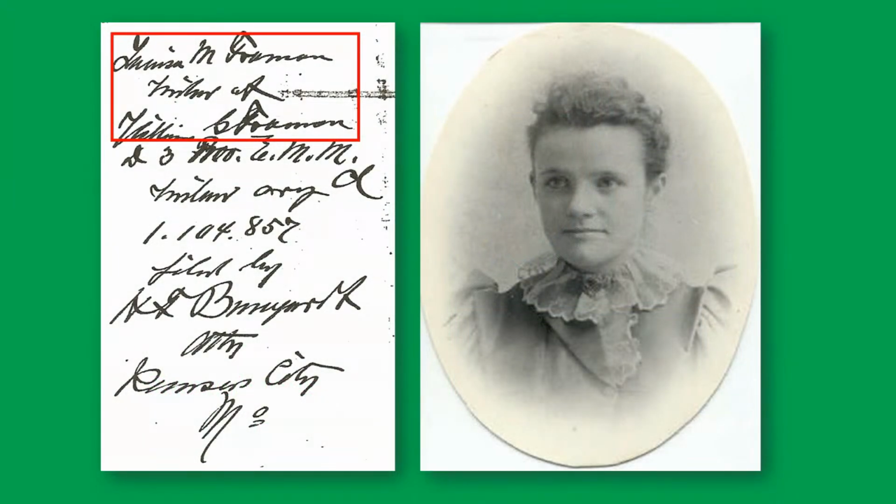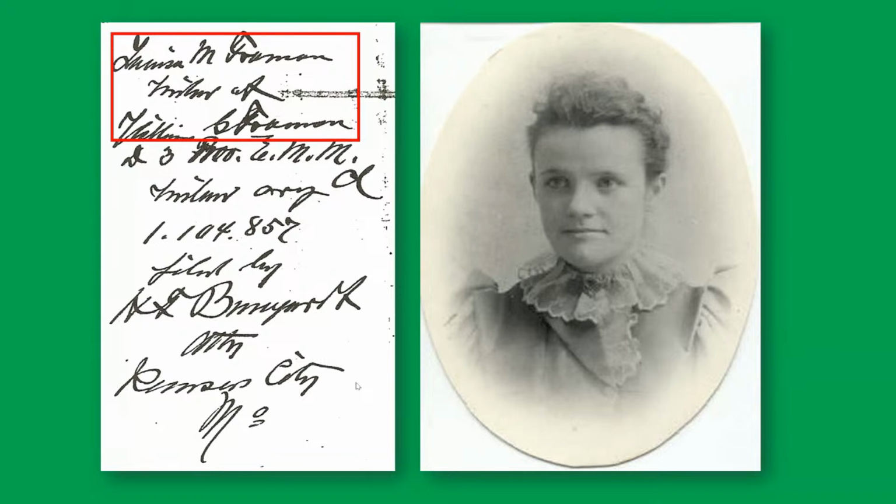Here we have one of my great-grandmothers, and I know you probably can't decipher that cryptic handwriting, but it literally says Louisa M. Froman, widow of William G. Froman, Company D, 3rd Missouri, and this stands for EMN, Enrolled Missouri Militia, and etc. Well, that's a statement.